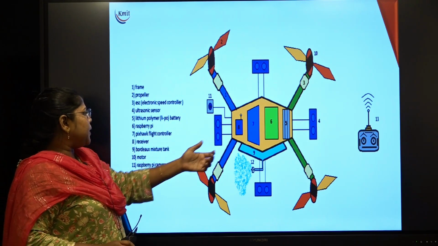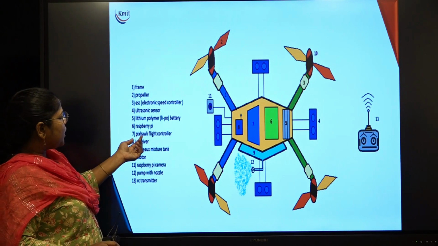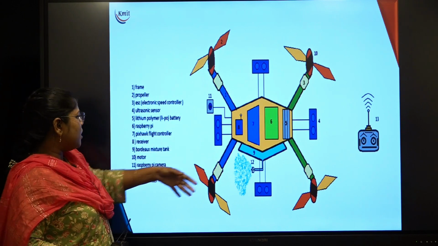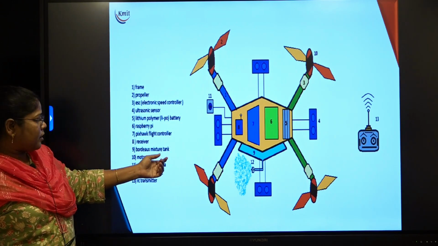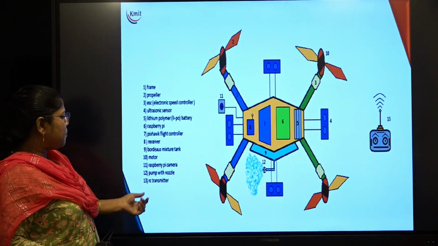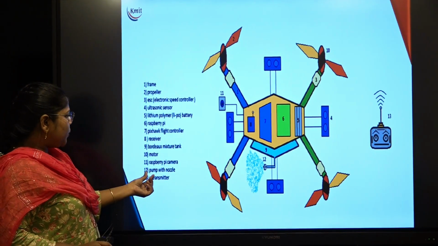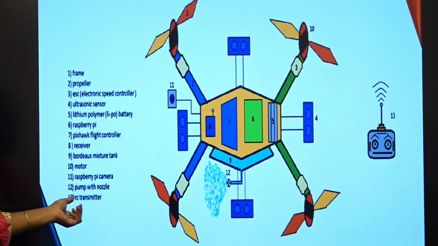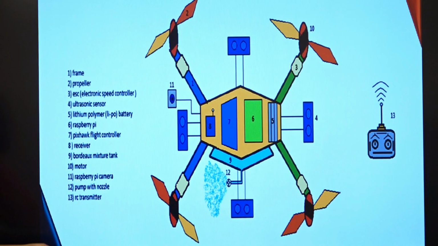We need the Raspberry Pi, and a Pixhawk flight controller. We need a receiver, a mixture tank, a motor, and a Raspberry Pi camera. Next we have a pump with a nozzle, and an RC transmitter.